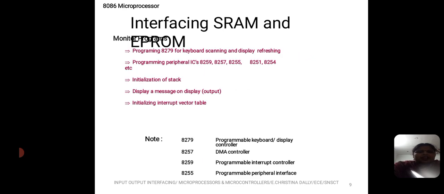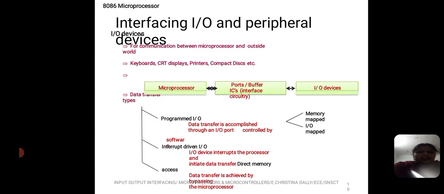We also have some devices: the programmable keyboard display controller, DMA controller, programmable interrupt controller, and programmable peripheral interface. We are going to program all those devices, including initialization of the stack, displaying a message on the display, and initializing the vector table.